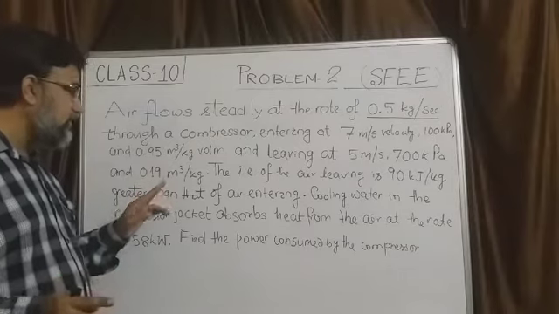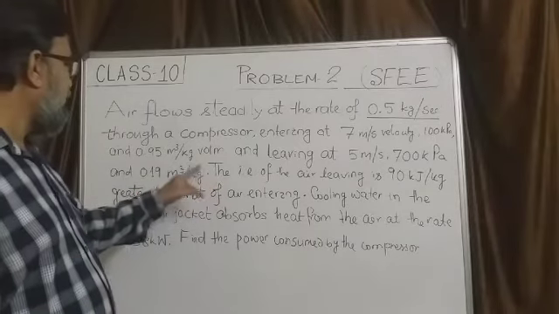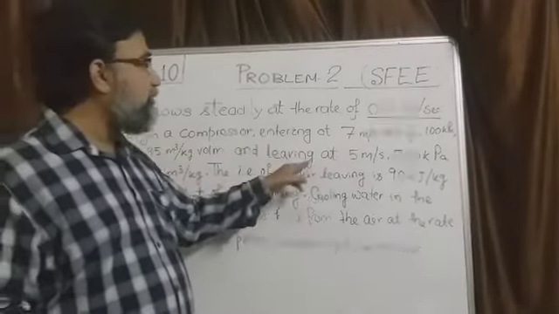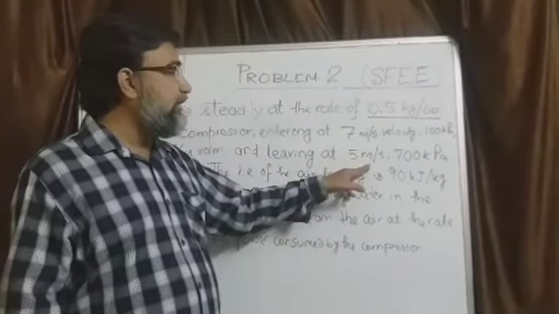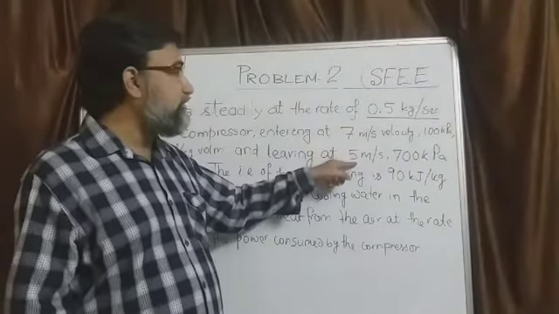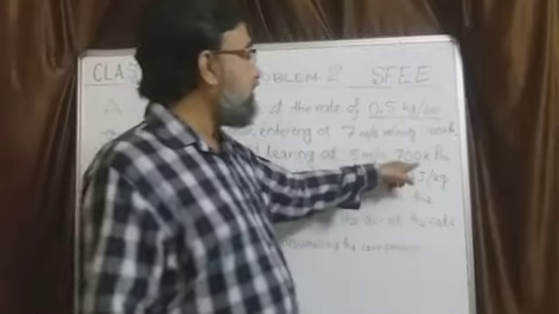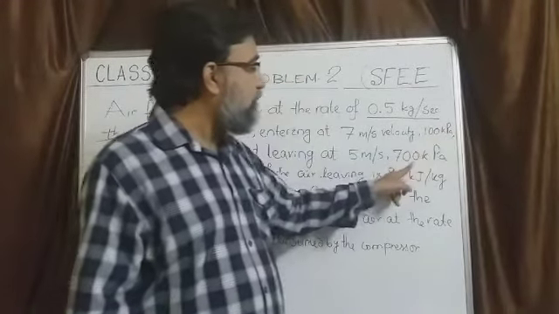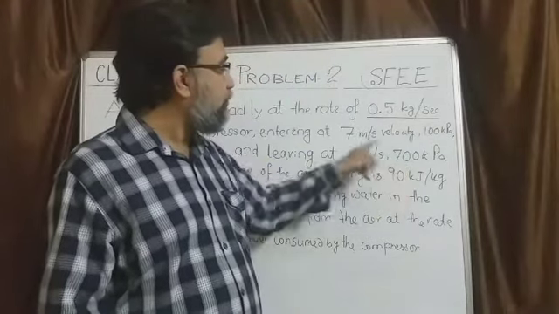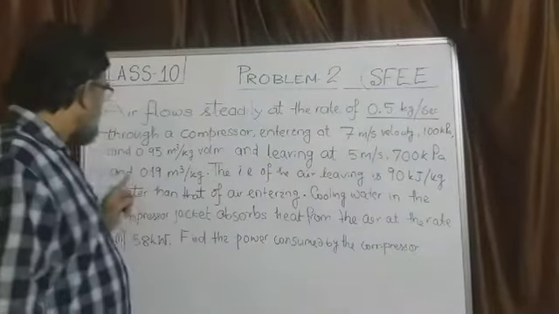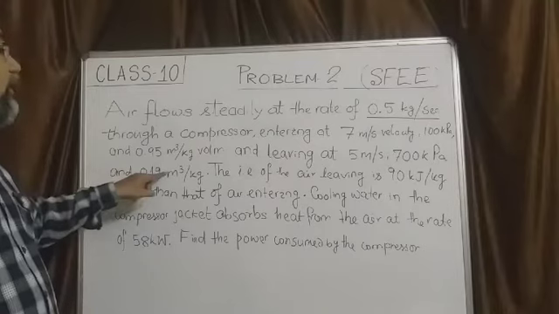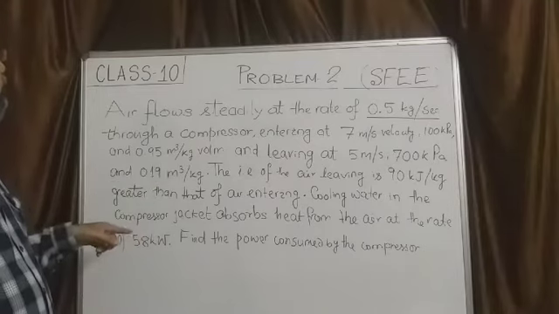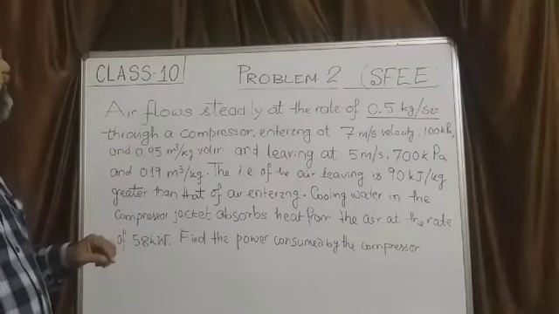What else is asked? The air is leaving the compressor at 5 meter per second. Here it was 7 meter per second, now it is 5 meter per second and 700 kilopascal. That means P1 is 100 kilopascal, P2 is 700 kilopascal. Then specific volumes are 0.19 meter cube and 0.95 meter cube.